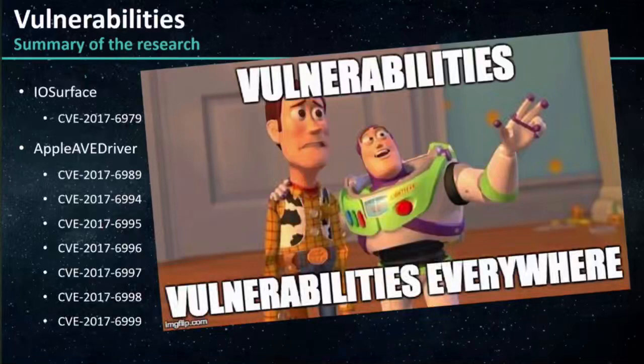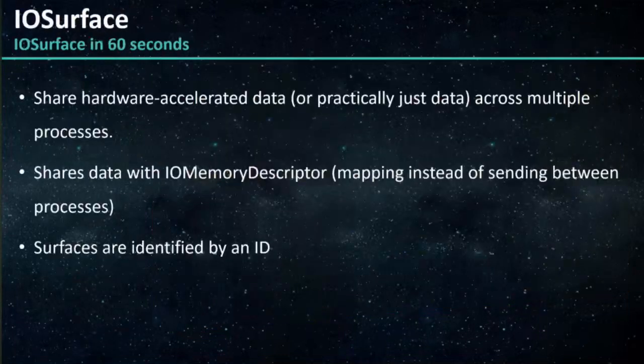Now, in order to understand some of them, we have to talk a little bit about iOS Surface. So, 60 seconds about iOS Surface. iOS Surface is a kernel object which is used to share hardware accelerated graphics data. So frame buffers, for example, you can share them across multiple processes. The advantage of using an iOS Surface object, and not actually sending the frame buffer data, is that iOS Surface maps the data.